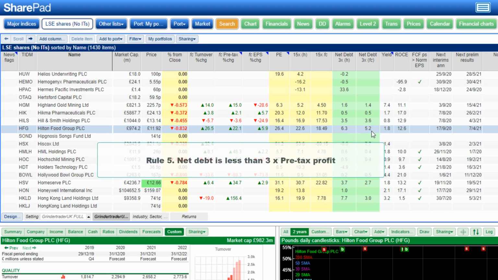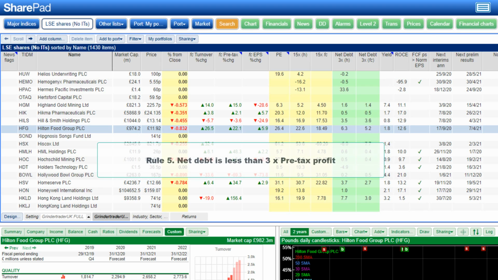This one is 6 historic, which is the historic net debt figure divided by the historic pre-tax profit. So this won't move now, this is fact. And then you've got the forecast one, and we can get a sense of whether the debt is significantly increasing. Actually, debt's going down. However, it's still above our rule.